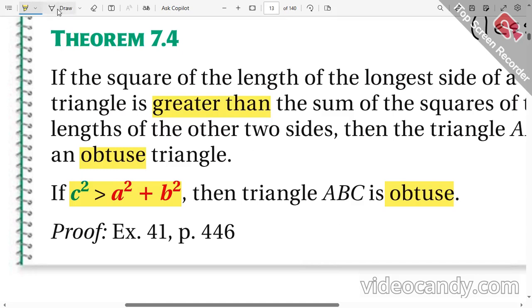All right, and for the obtuse triangle, that just means one angle is obtuse. And what is obtuse?